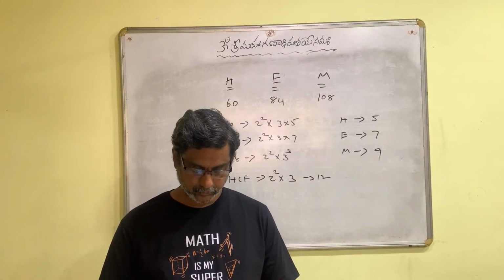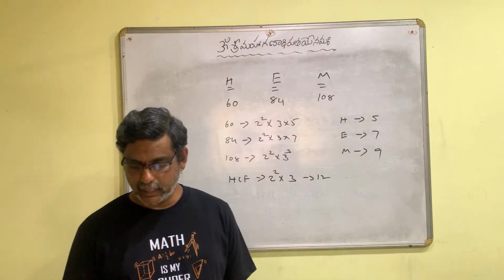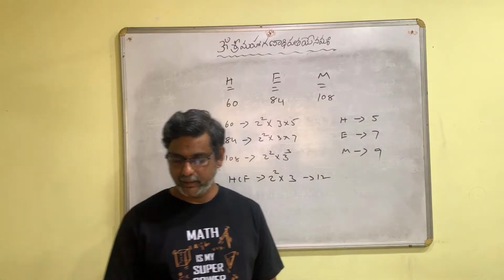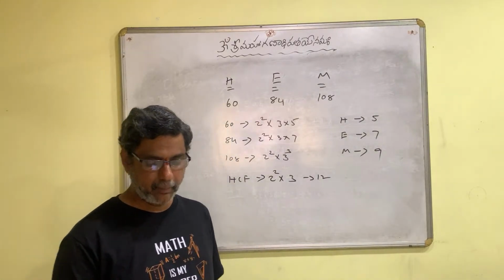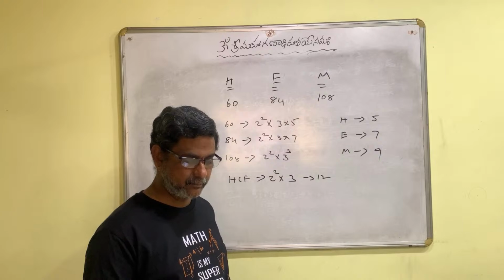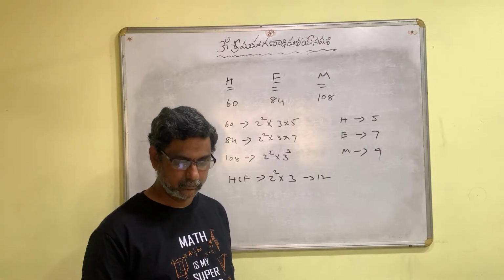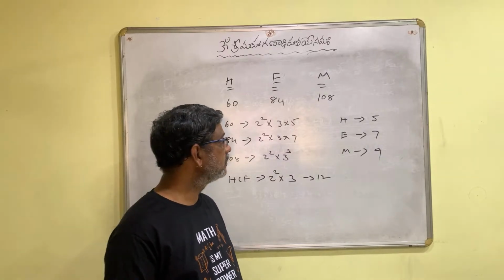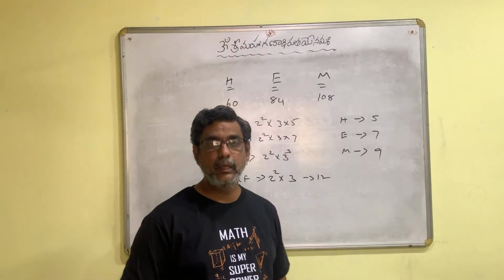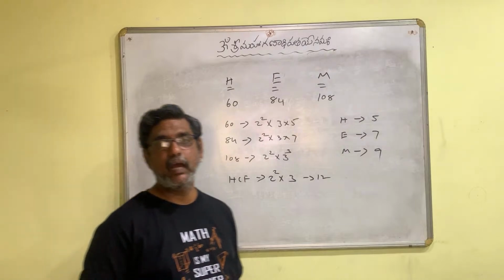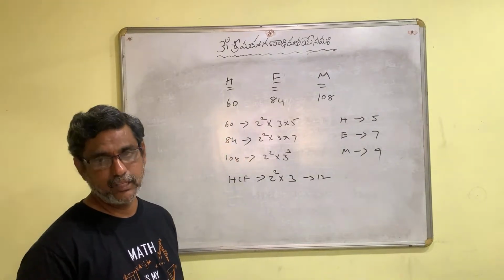Next, what is the minimum number of rooms required for the event? Each room 12 students, and how many rooms are required? 21.